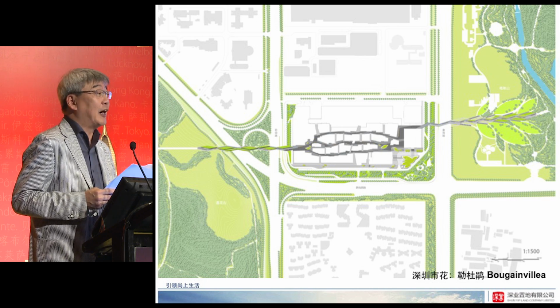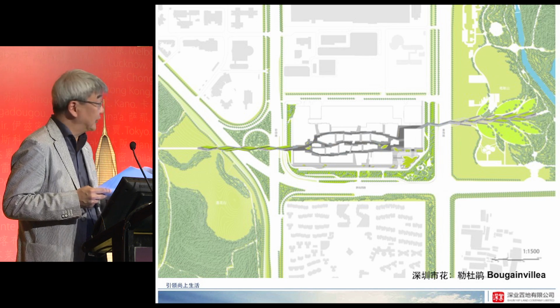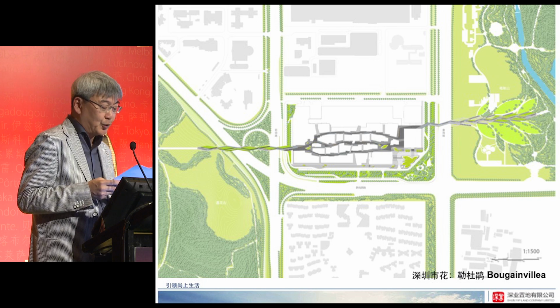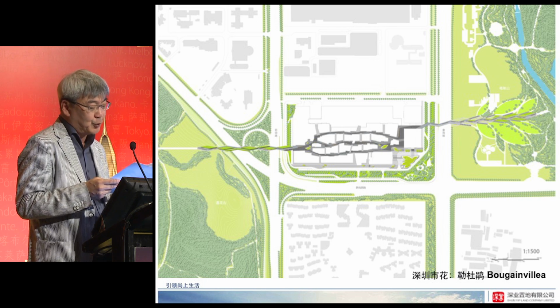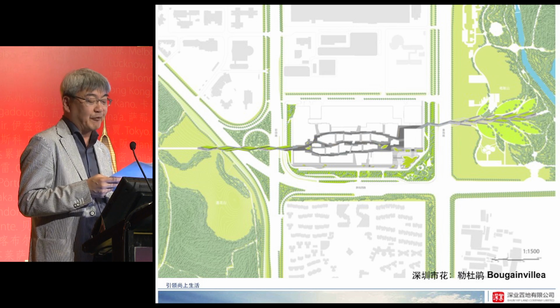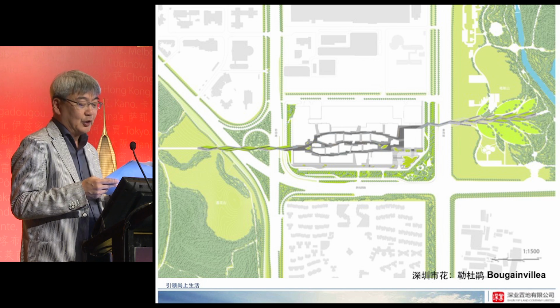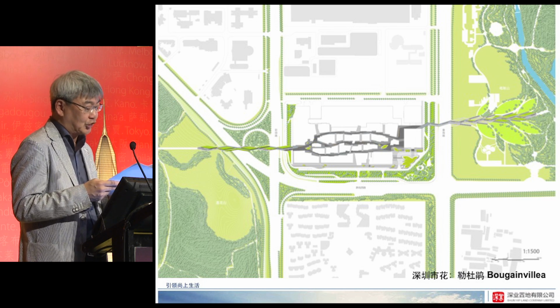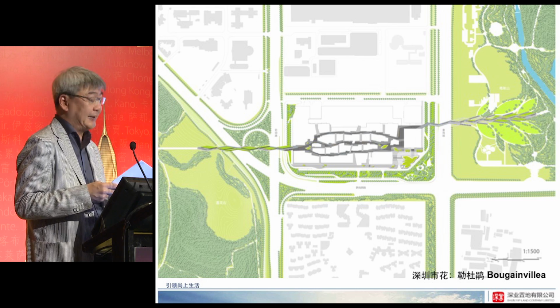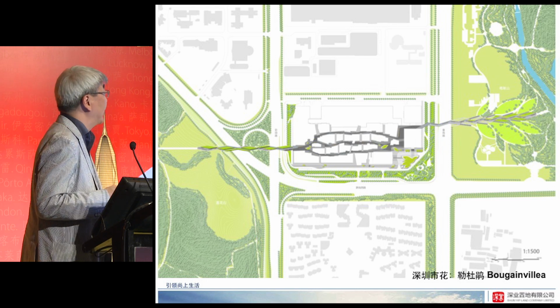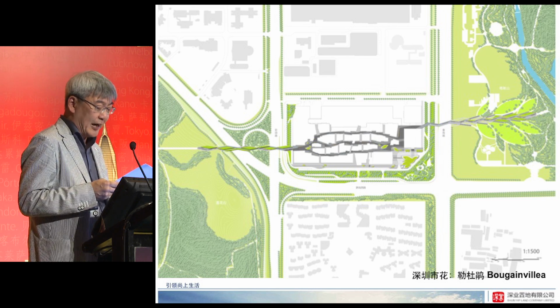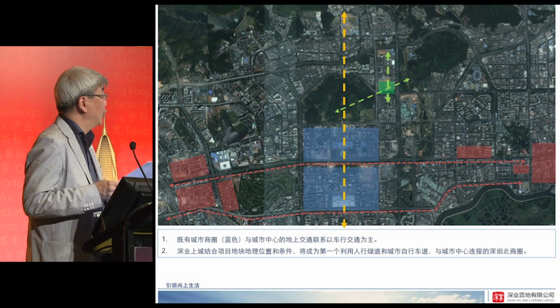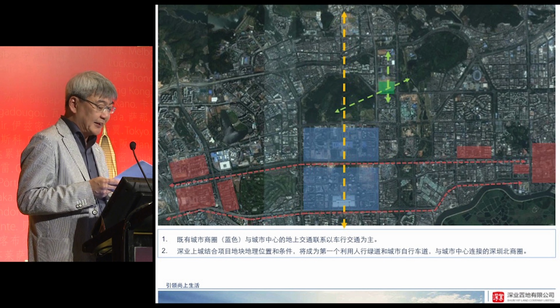The first thing to do is to have this visual corridor and convert this visual corridor into two ecological green corridors connecting the two hills. We designed the rooftop of the shopping mall as an open town hall space.